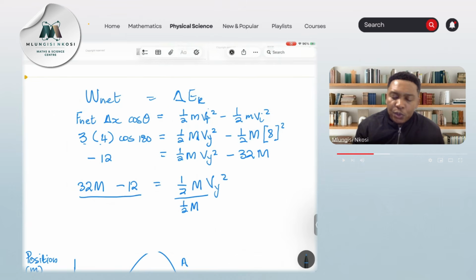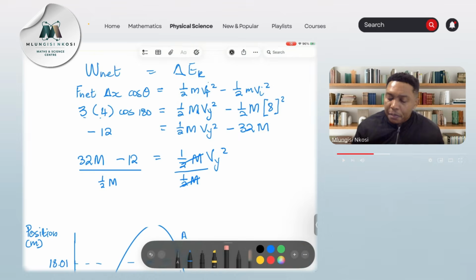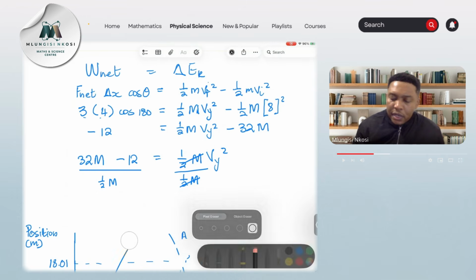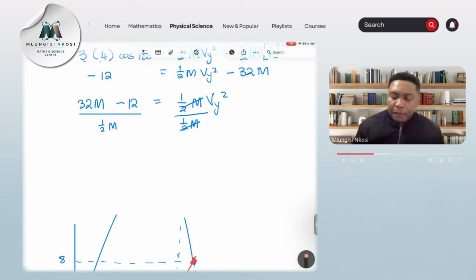To make Vy squared the subject of the formula, I have to divide both sides by half M. Please, I'm just going to try and erase all the other stuff here to make space.